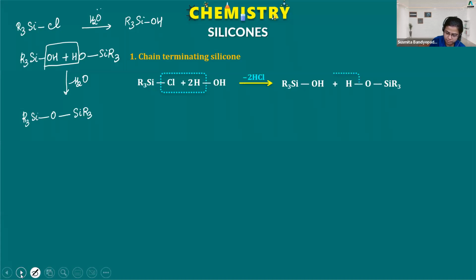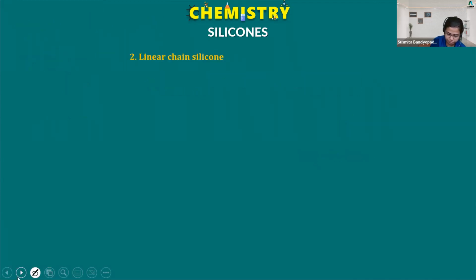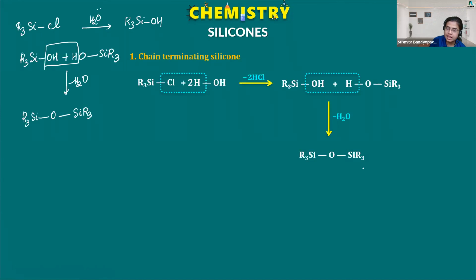R3Si-O-SiR3. So it's called a chain-terminating silicone, because you get one dimer and the reaction stops. Can't do anything more with that. Done.